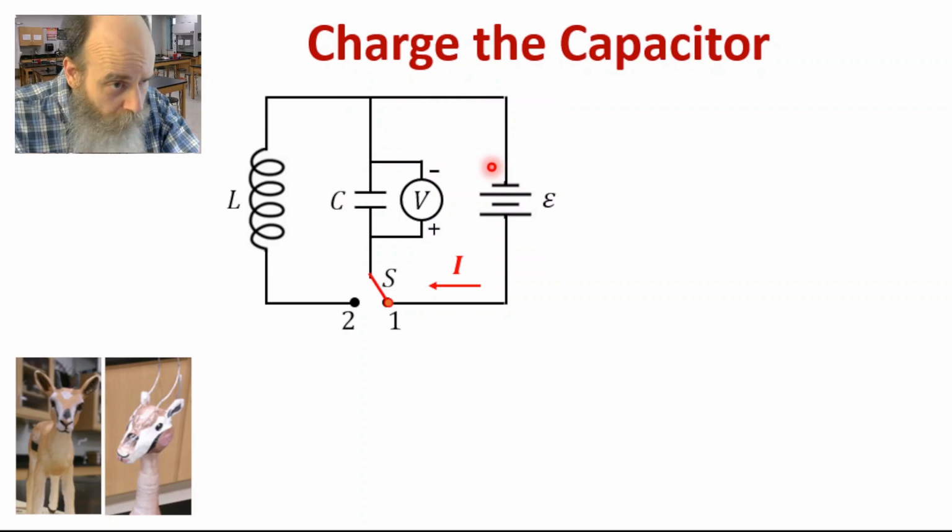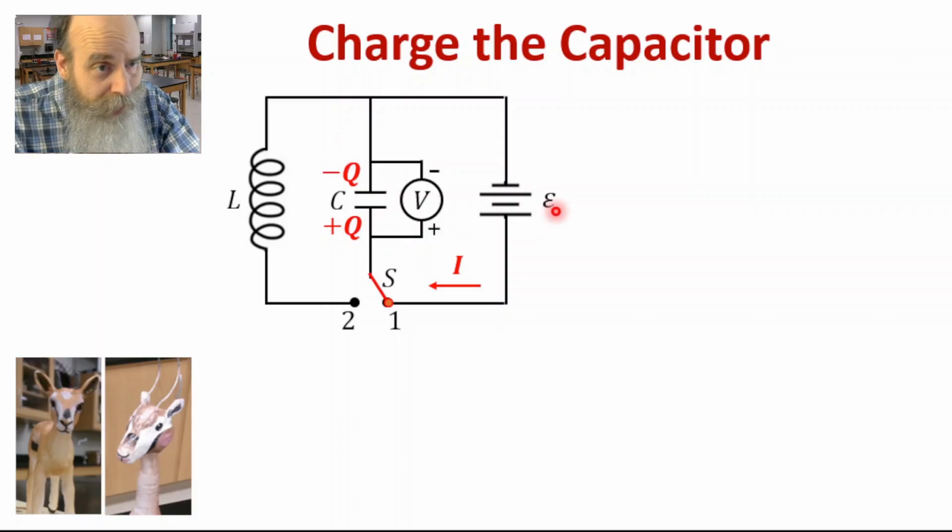This causes charge to accumulate on the plates of the capacitor. The lower plate becomes positively charged, plus Q, and the upper plate becomes negatively charged, negative Q. Eventually, current stops flowing when the voltage across the capacitor equals the EMF of the batteries.